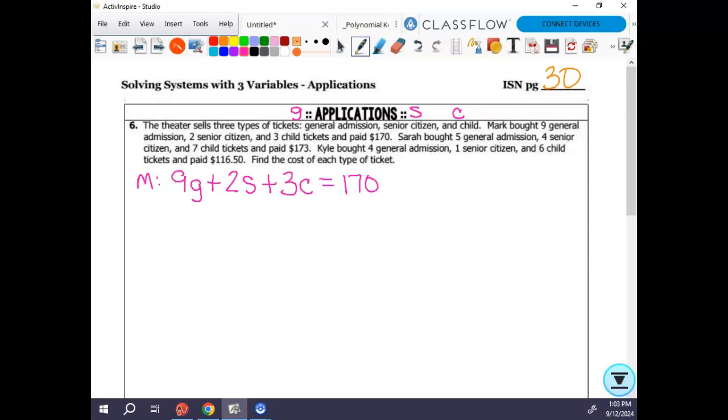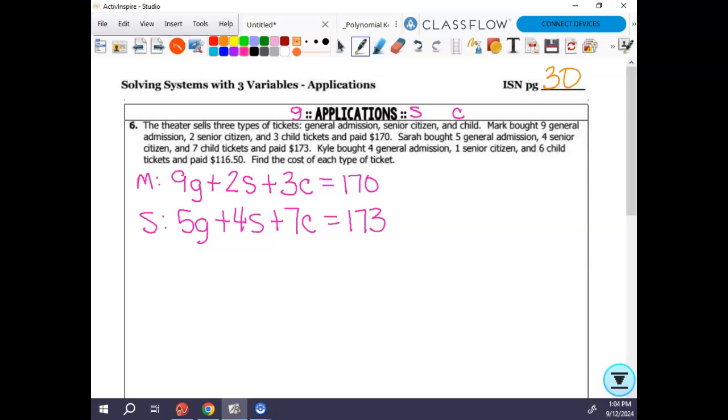Okay, so then let's keep reading here. All right, so then we're going to talk about Sarah. What did Sarah do? Sarah bought 5 general admission plus 4 senior citizen plus 7 child tickets, and she paid $173.